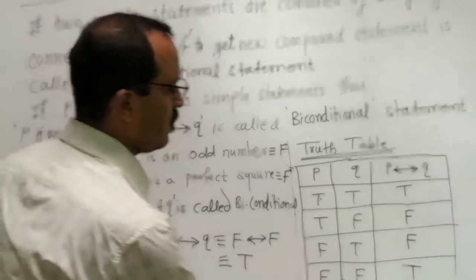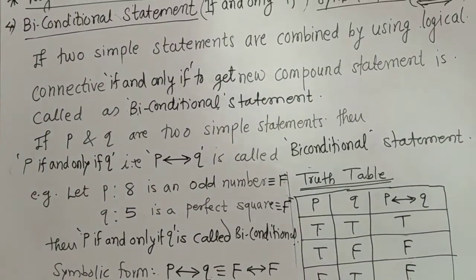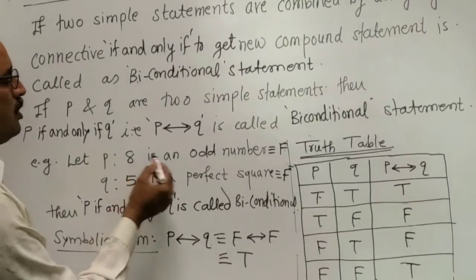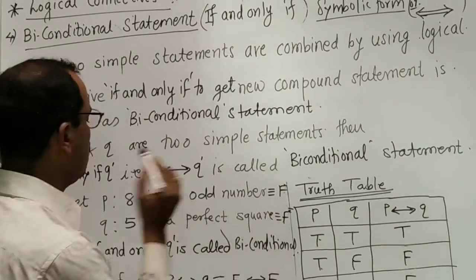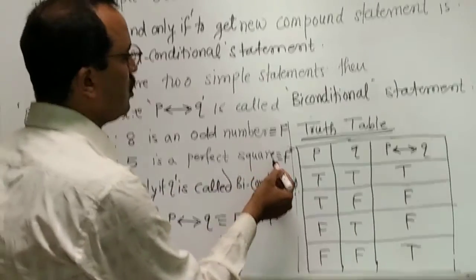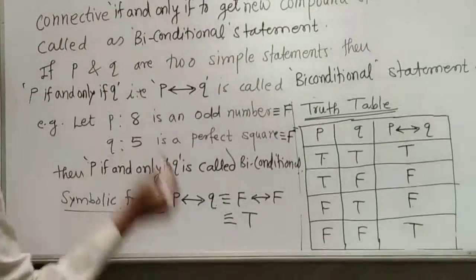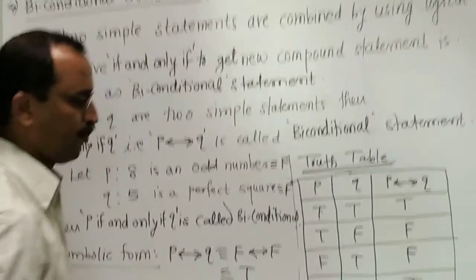That means F if and only if F is equal to T. That means 8 is an odd number if and only if 5 is a perfect square. So the resultant truth value of this biconditional statement is true.